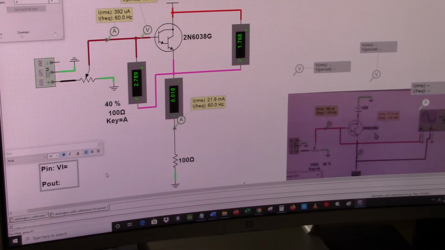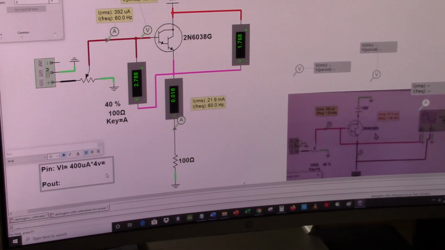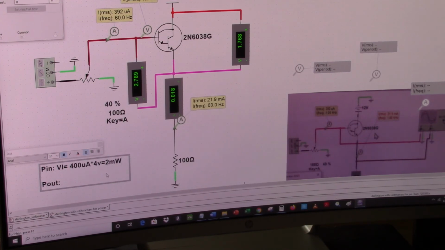So I used about 400 microamps times 4 volts. Kind of round this off a little bit, and I get about 2 milliwatts. I know those are rounded off numbers, but the point is we're pretty close.